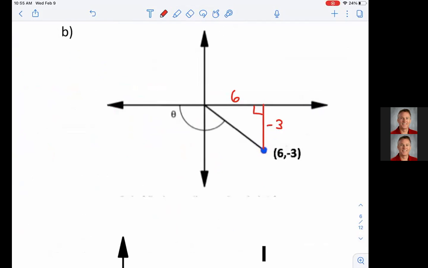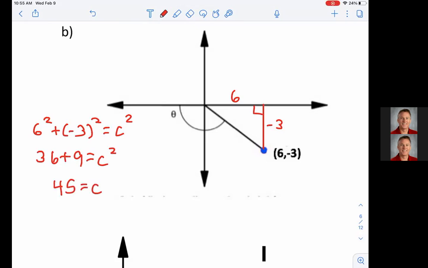Now, if I wanted to find my hypotenuse, I'm going to do Pythagorean theorem, 6 squared plus -3 squared is equal to c squared to solve for c. And so I'll give you a second to catch up writing.